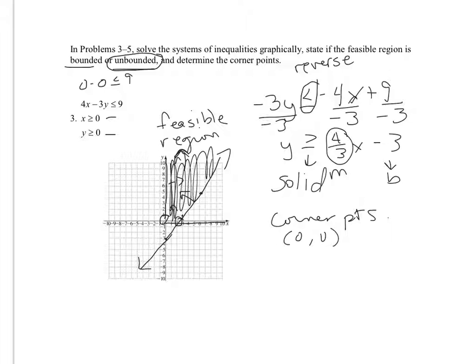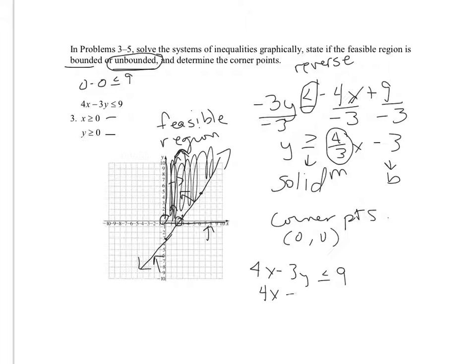What I need to figure out is, where does this line intersect this line? And the best way to figure that out would be to take the original equation we had, which was 4x minus 3y less than or equal to 9, and what I know is that the y value has to be 0 at this corner point, because it's on the x-axis.